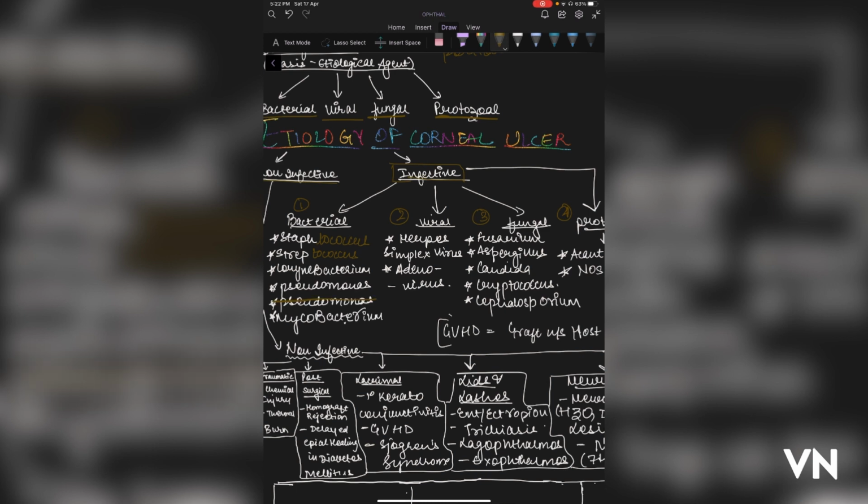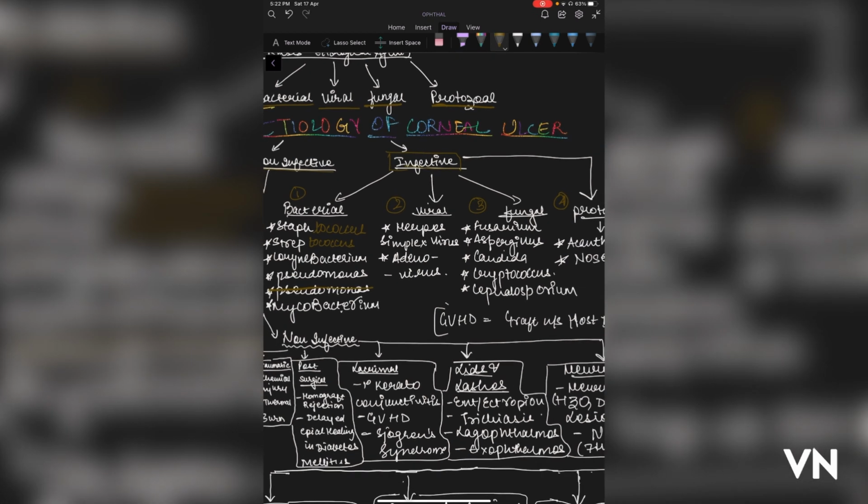Pseudomonas can also be a hospital-acquired infection. Now, the two main viral causes are herpes simplex virus and the second most important cause, adenovirus. Herpes simplex is not that common. Adenovirus is the most common in India, and it is a cause of keratitis or corneal ulcers.